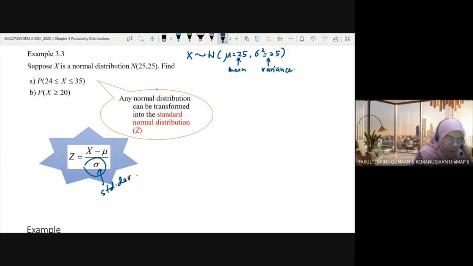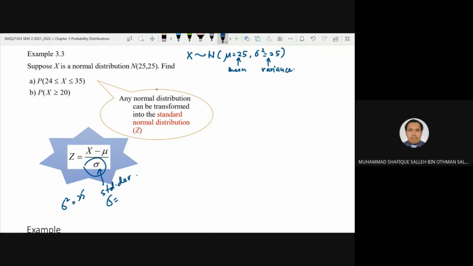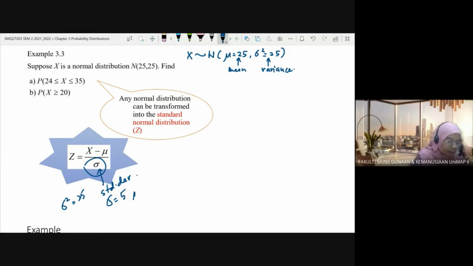So in this case, using variance 25, if sigma squared is 25, then sigma is what, class? Sigma is 5. Yes, 5. These are among the things every student should be meticulous about. Sometimes students use the given value of the variance, so everything will be wrong. Okay, so let us find the answer for this question.